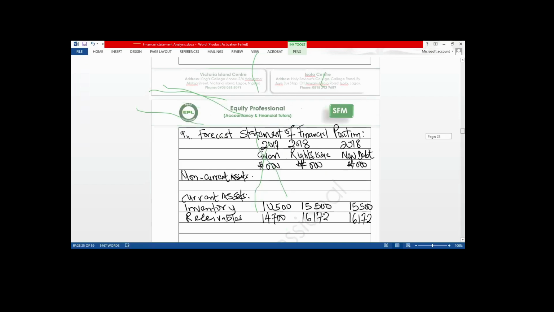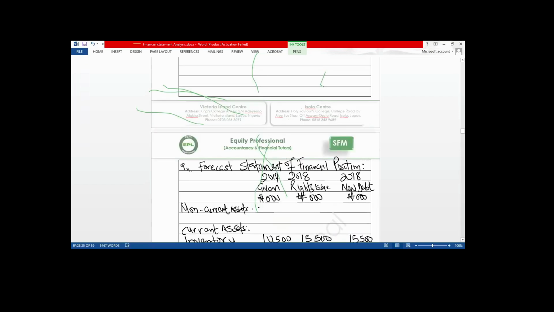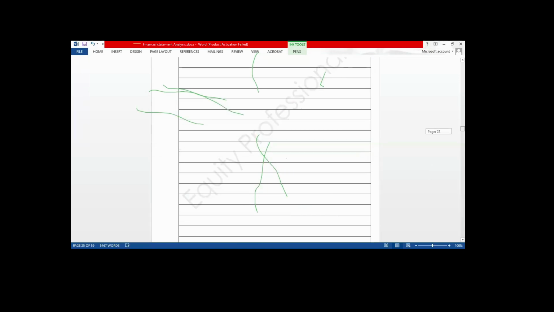So you can return here now. Non-current assets for 2017, 7,200. For 2018, 72,700. Then go to your income statement.